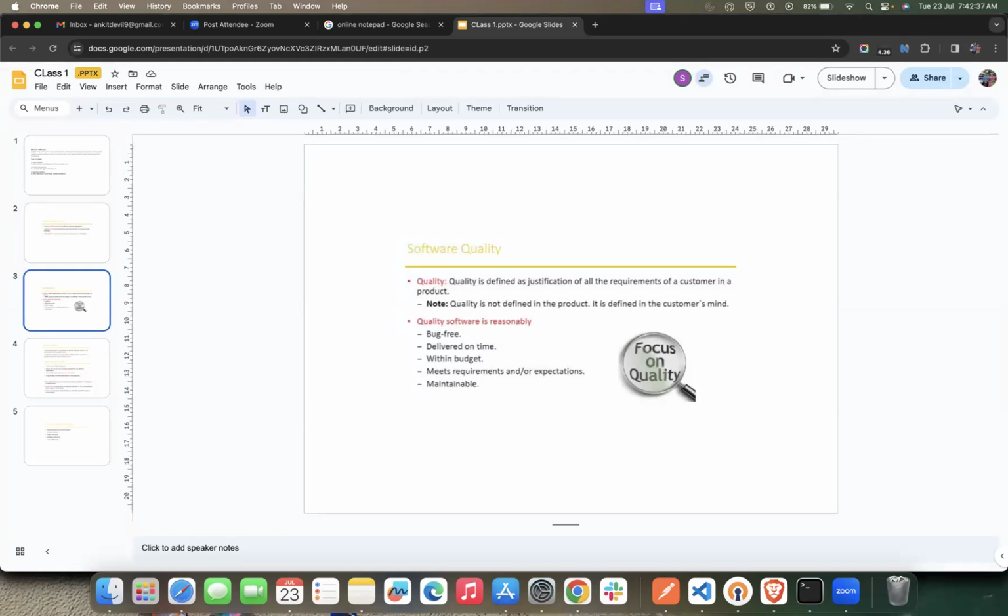The next part, software quality. So any idea what exactly we mean by the term software quality? I guess it would be a report after a proper testing that was conducted.